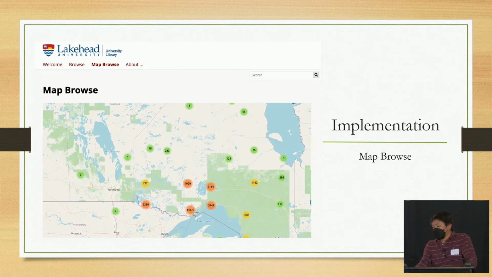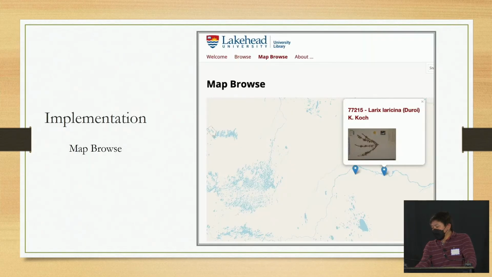So we customized the map module. In order to support that customization, we also created a module called Map Helper in order to display a map like this.